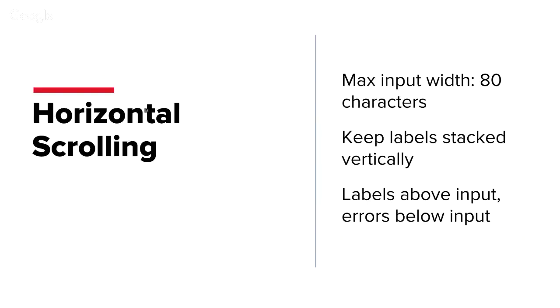And if you have labels not close to your input, that user can lose context. So it's nice to have a label above, an error message below. In the middle, you have your input. So if that user is zoomed in at 200%, and if that input is not too wide, that user has maintained context of what that input is for.